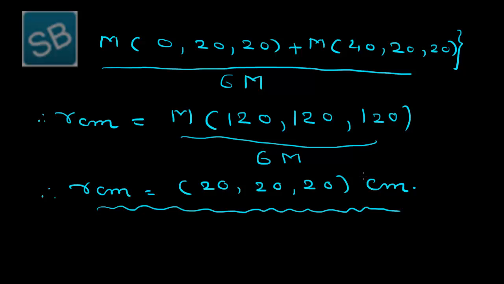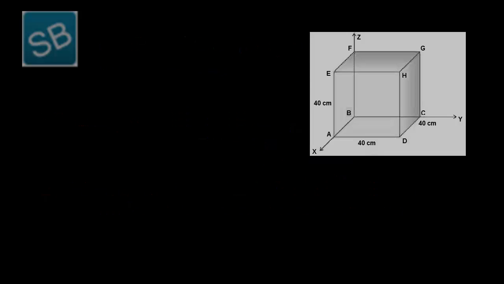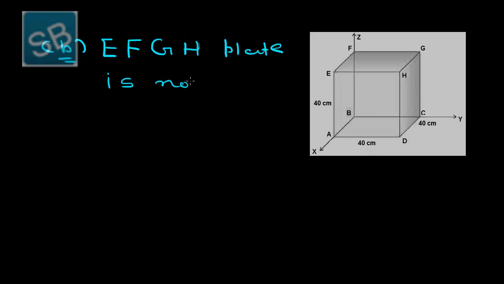Now, the second question which was asked of this kind: if the box is open from the upper side, then this plate EFGH will be removed. So it is not present.